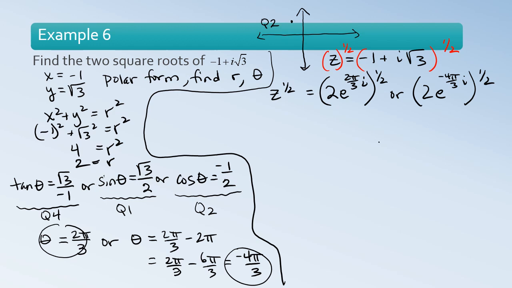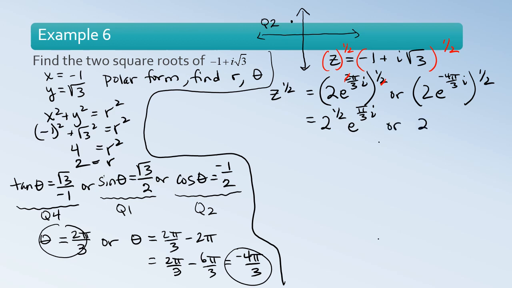All right, so let's take a look at the first one. I'm going to take 2 to the 1/2 power, and I'm going to take e to the 2 pi over 3 I to the 1/2 power. The 2's will cancel out, and I'm left with, it looks like, pi over 3i. So I just took a root. The only thing I'm going to have to do at the end is put this back into rectangular form.